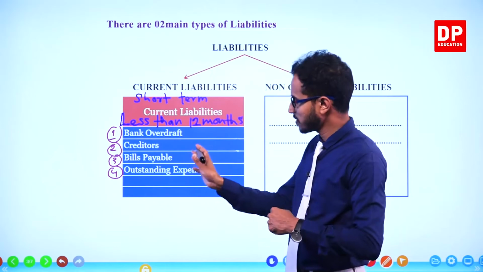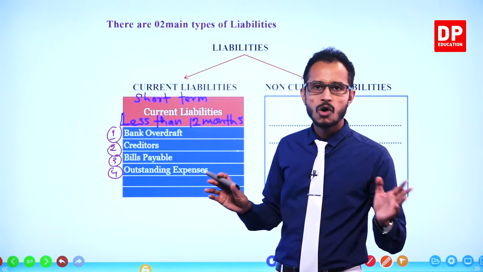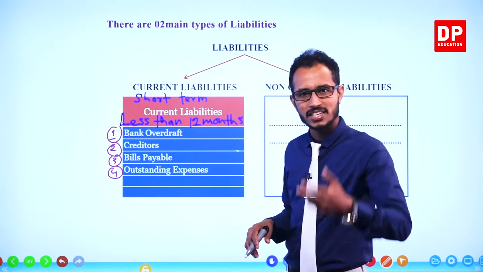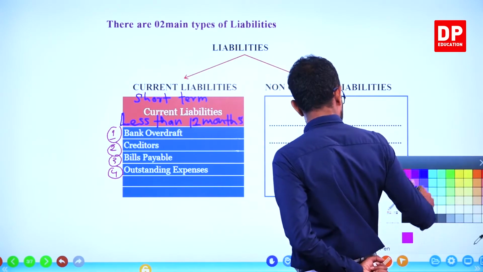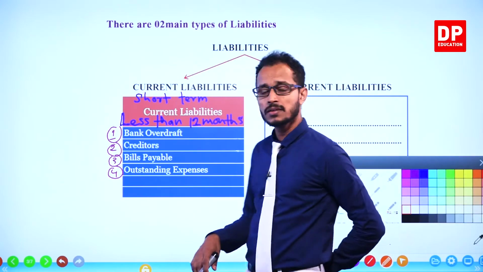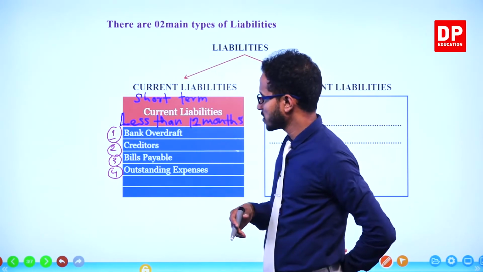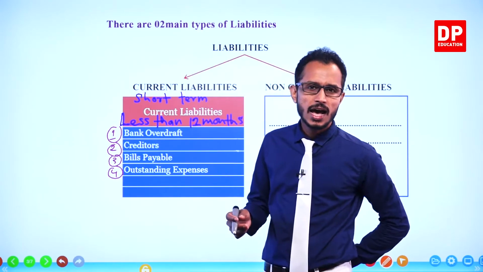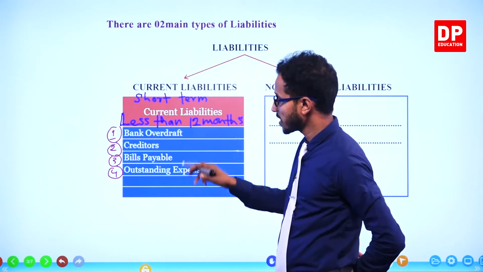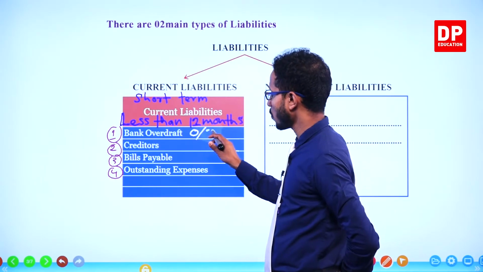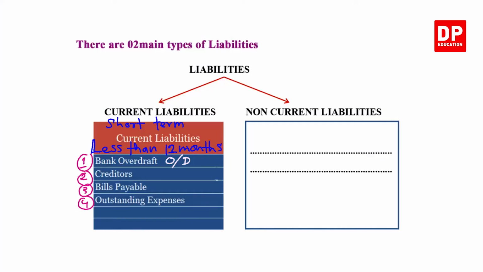Let me explain it to you. What is a bank overdraft? I mentioned one word when I was talking about bank overdraft. I said bank ODs. That is another term you can use for overdraft, the short form of overdraft.